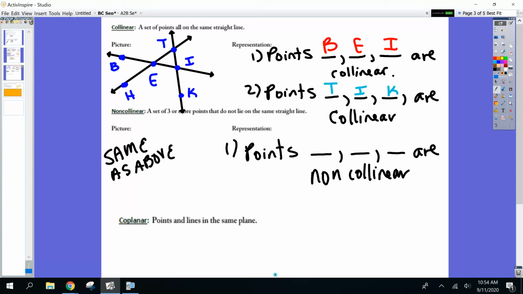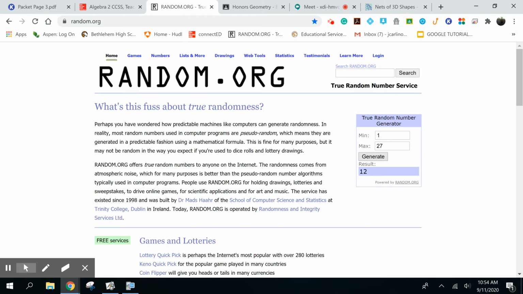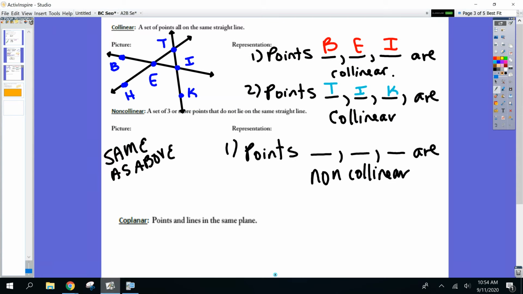Three points that are non-collinear now. Whenever you're ready, Radhika. I-E-K. I-E-K, I love it.